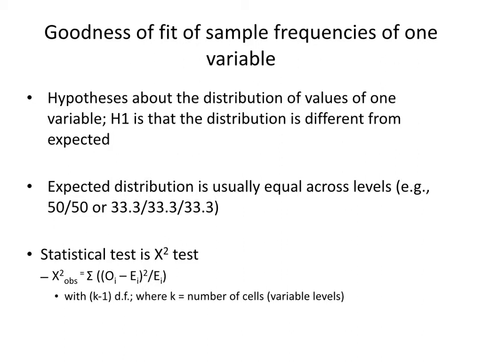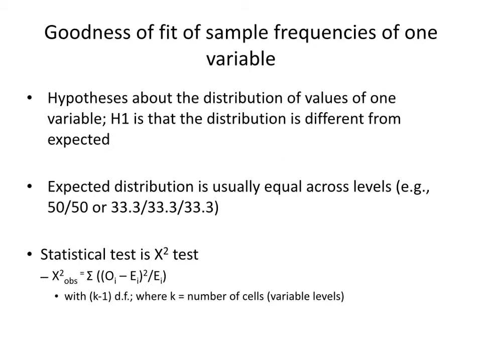Well, just as we could use a mean of 0 as the expected mean of the population, we often use an equal distribution across categories as the null distribution. So if we're looking at two categories, we might be testing to see whether the sample differed from a 50-50 split.